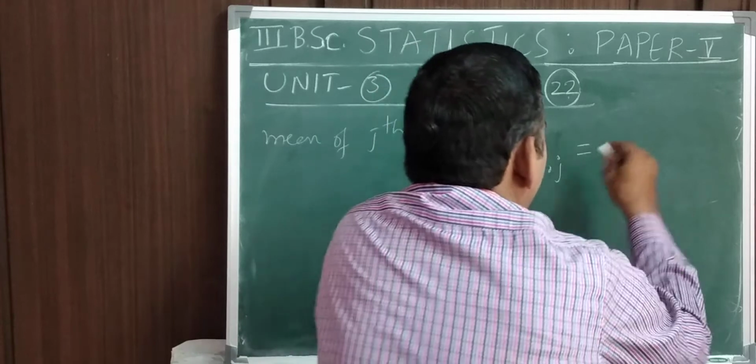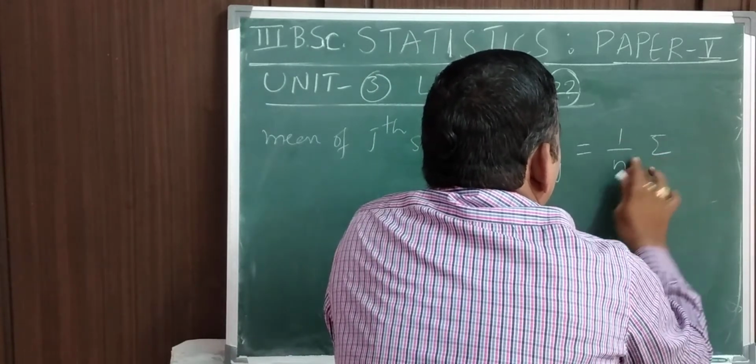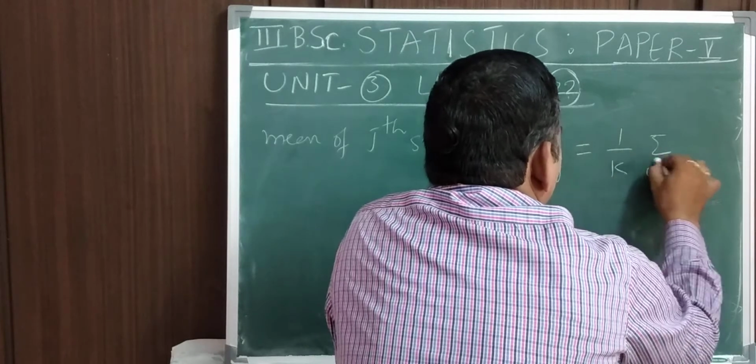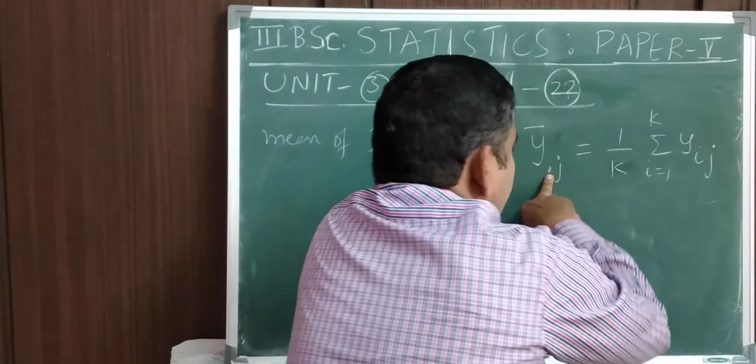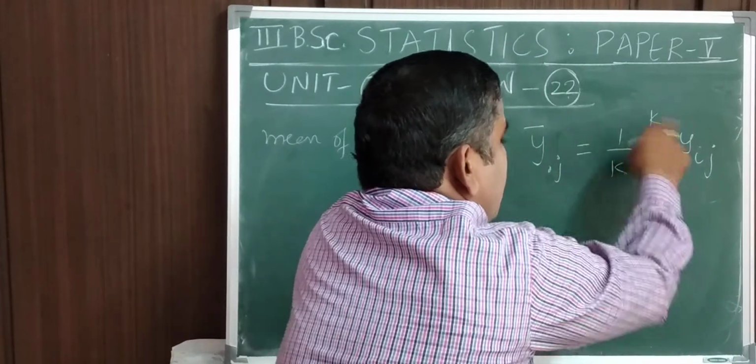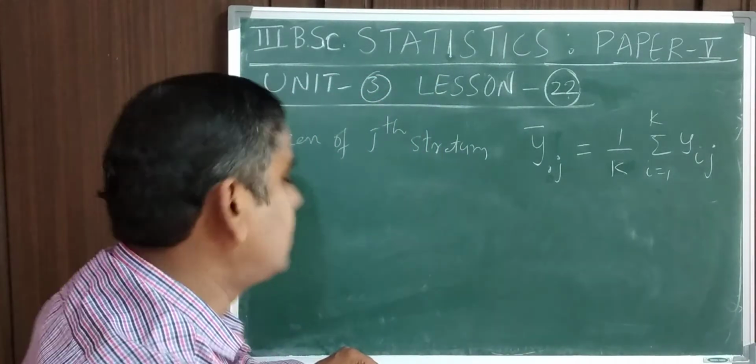It is equal to 1 by k summation i equals 1 to k y_ij, not n. Here i is running 1 to k. That is the mean of the jth stratum.